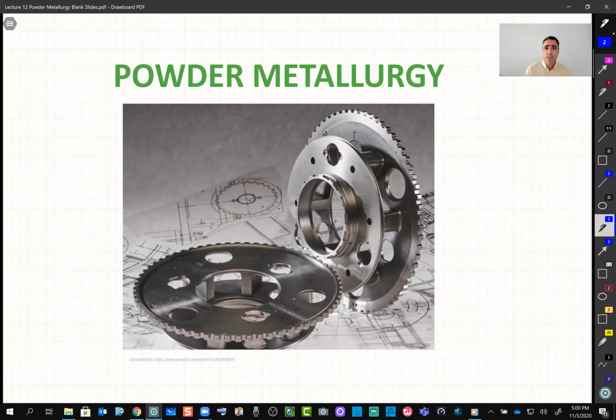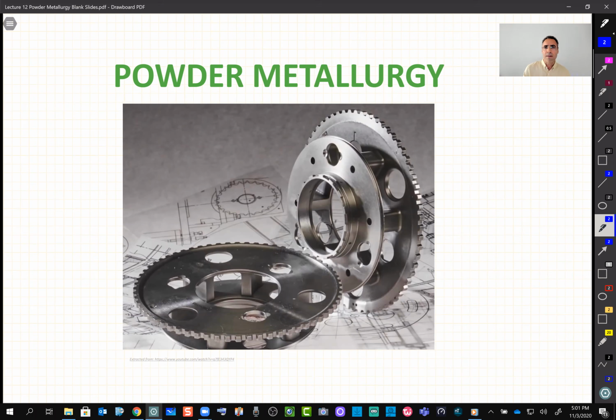And we learned there are different ways to do casting, in particular sand casting, where our mold is made out of sand. Die casting, which is very similar to plastic injection molding. And you've learned there are two methods, cold and hot chamber. And also you learned investment or lost wax casting.